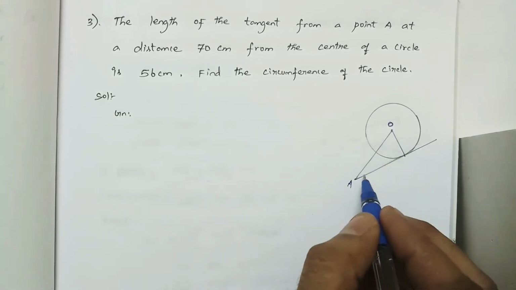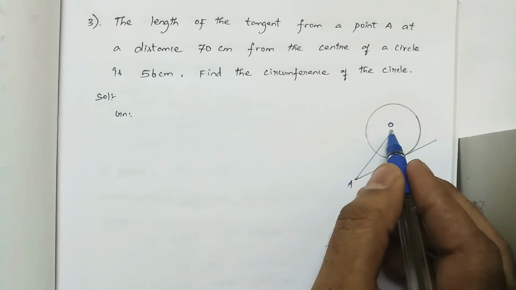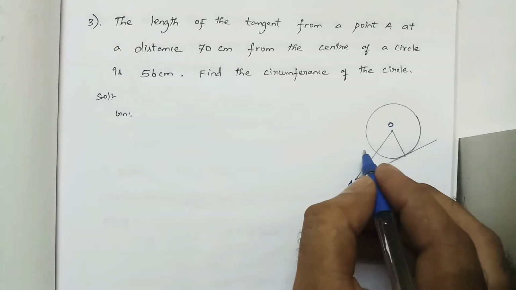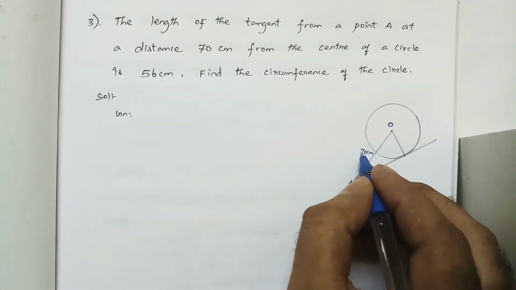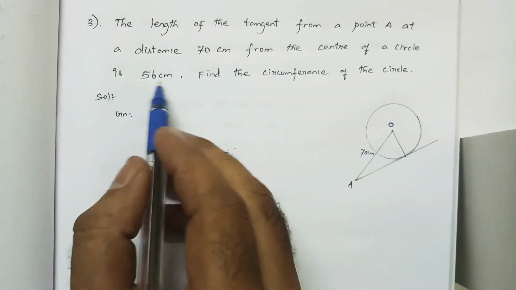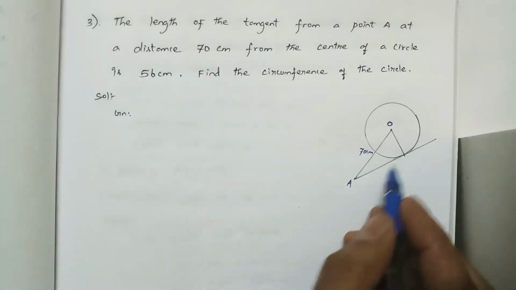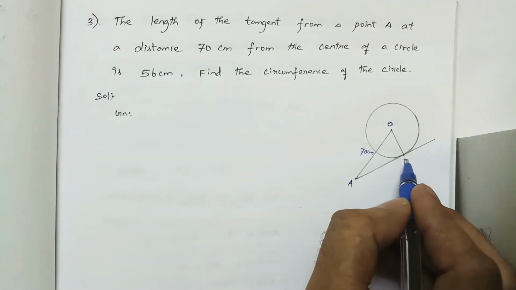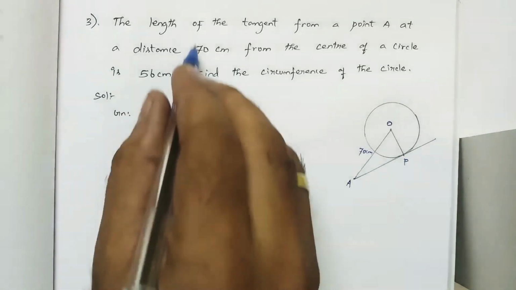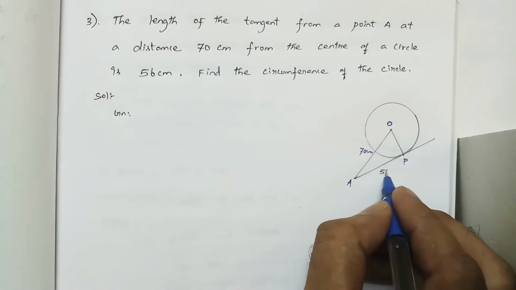The distance between the center point and the external point is 70 centimeter. And 56 centimeter is the length of the tangent. Here the length of the tangent is from A to, let me name it, P. AP is equal to 56 centimeter.